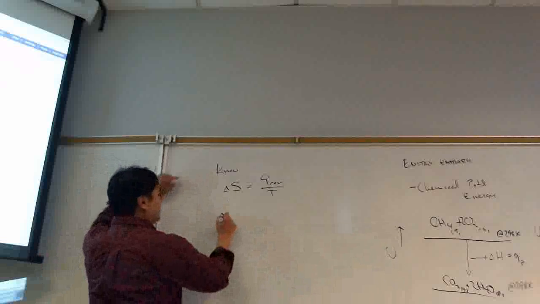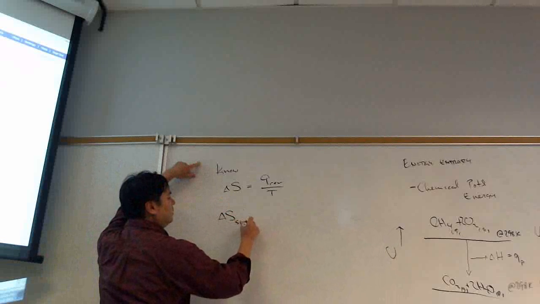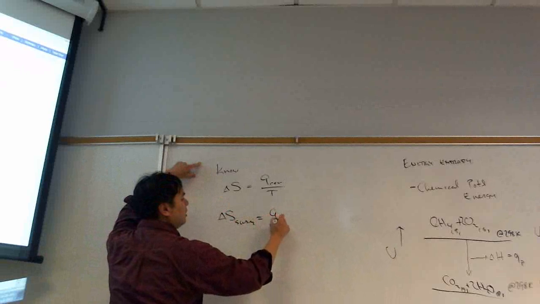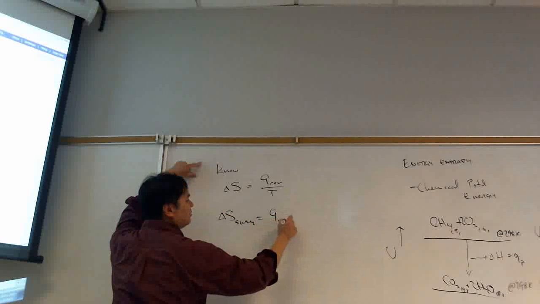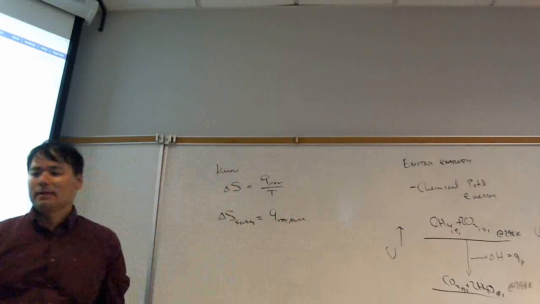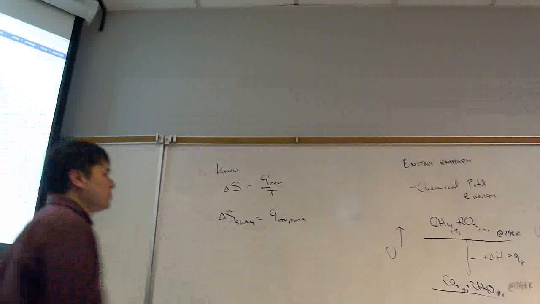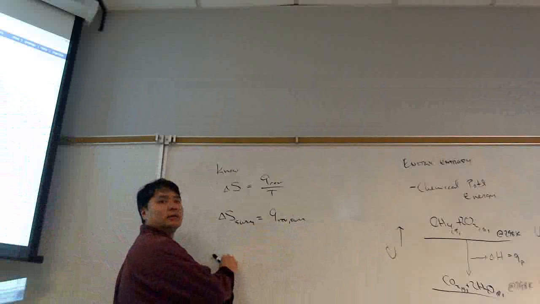And so delta S of the surroundings is equal to Q of the, I'll just say Q reversible of the surrounding. Doing this reversibly, there's some restrictions there, but I'm not going to talk about it. It's just a reversible process. Heat can go in, heat can come out, that kind of thing.